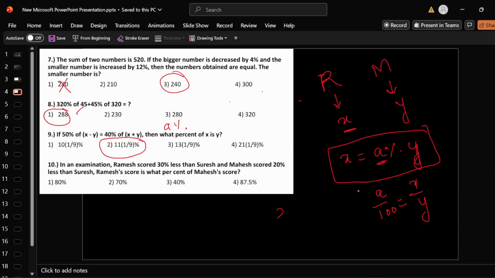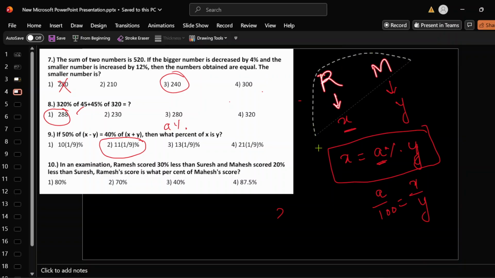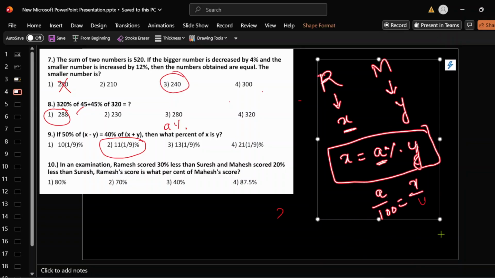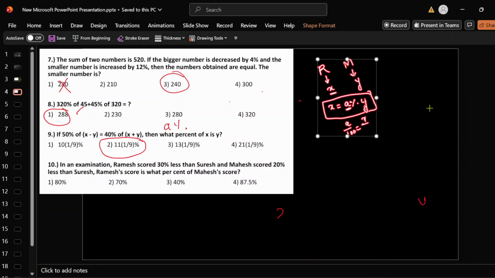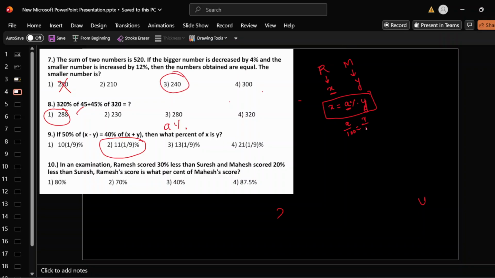If we move y to the left side, it will be divided by x. Here if we substitute the x by y value, we will be getting the a value.